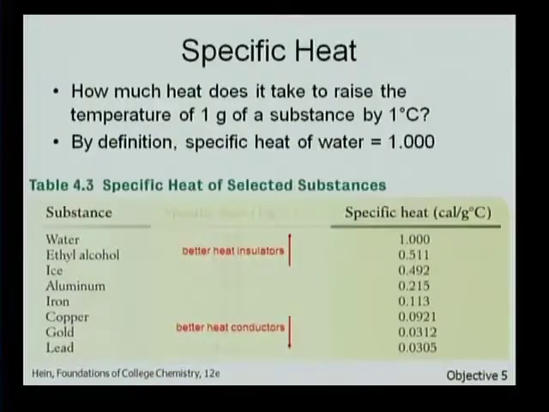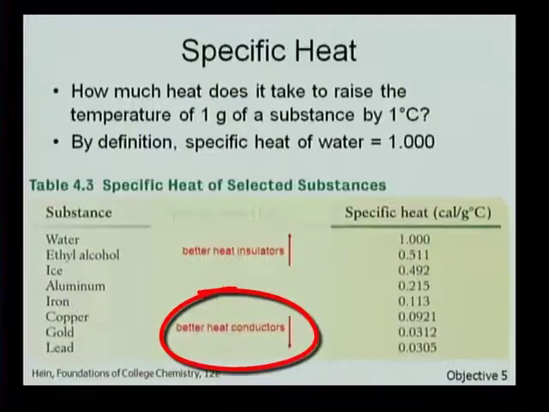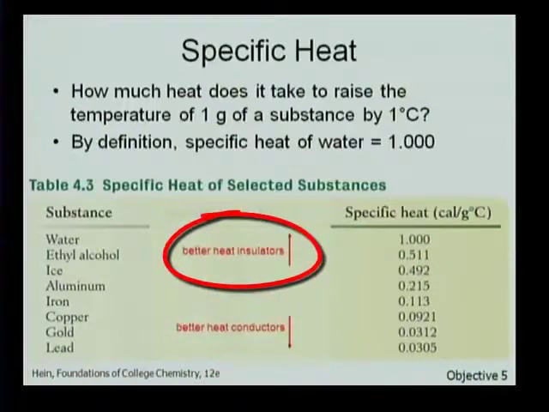In other words, it doesn't take as much heat to raise the temperature of 1 gram of lead by 1 degree. And so they have a lower specific heat. So that's all you need to know, is that metals are better heat conductors and that water is a good heat insulator. That's the number 2 thing that you need to take from this slide.